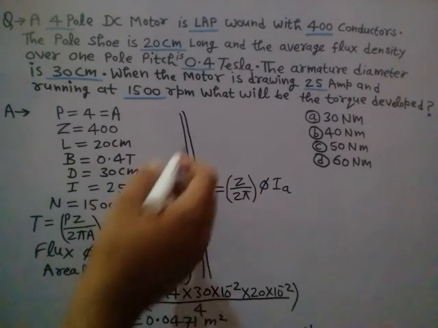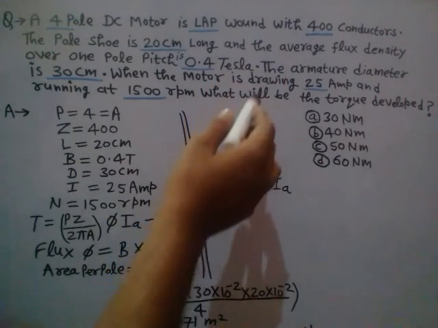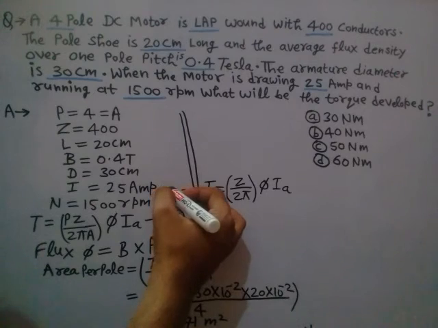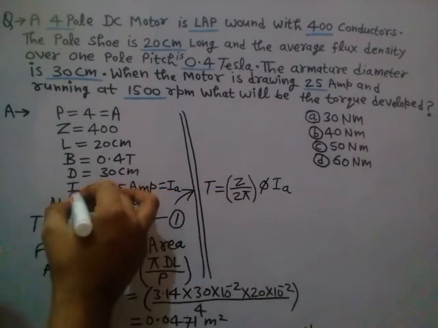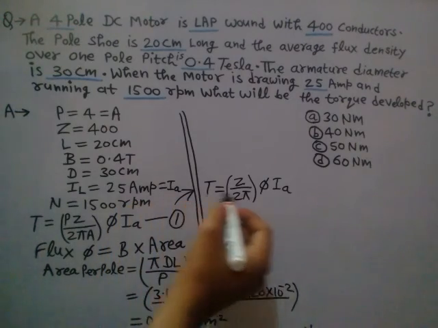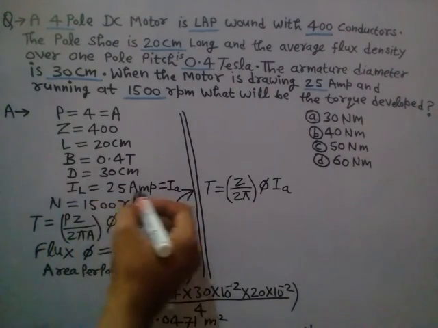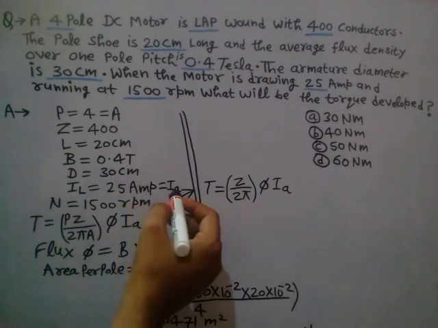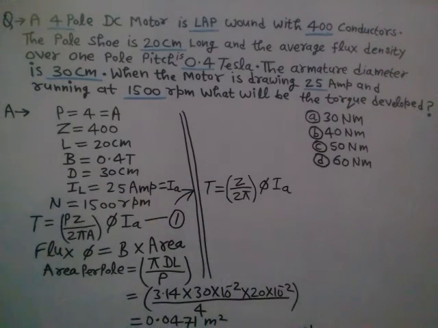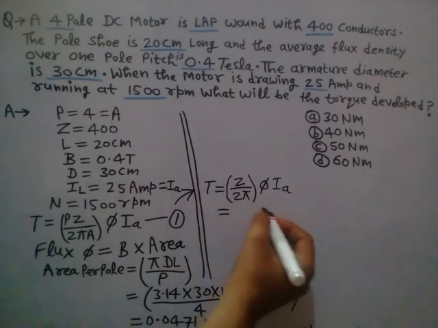Now no information is given about the field current and the field resistance. So the same current, the given current, you have to take as armature current, right? So the line current will be same as armature current, right? Almost. So IL is equal to 25 ampere. The line current is equal to armature current, 25 ampere. So just put all these values.